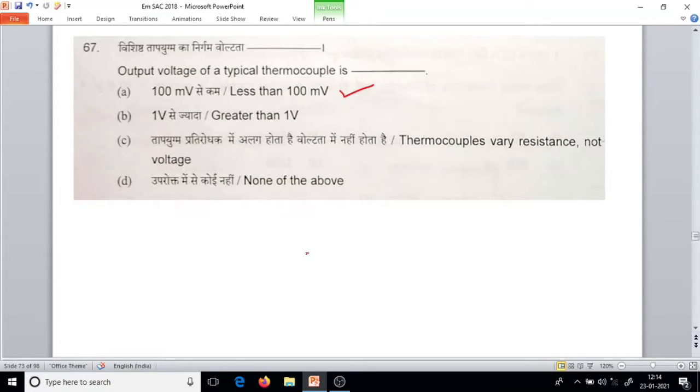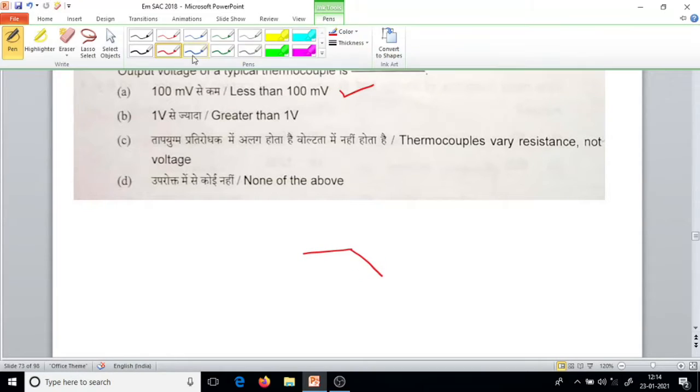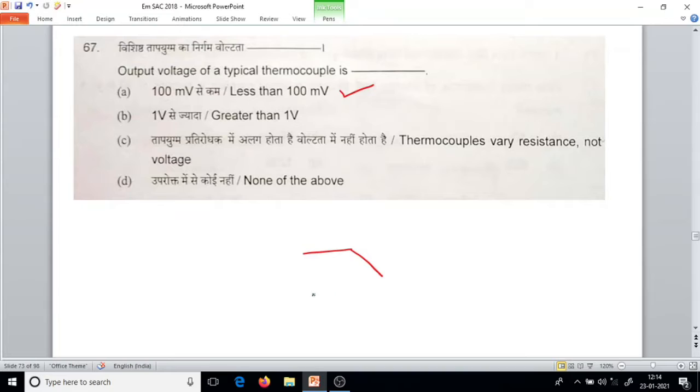When you say thermocouple, there will be two junctions in a thermocouple. This is the hot junction. If it is a J-type thermocouple, then this will be made of iron, and the other metal is made of constantan.